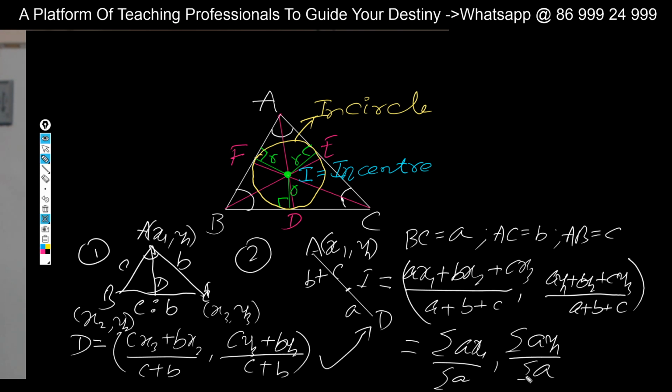Generally the formula is directly given, and the faculty will not discuss this derivation in detail. So it is better if you understand this, because the other concepts are linked to it. That is the reason why, if you understand this derivation, it will be useful further.